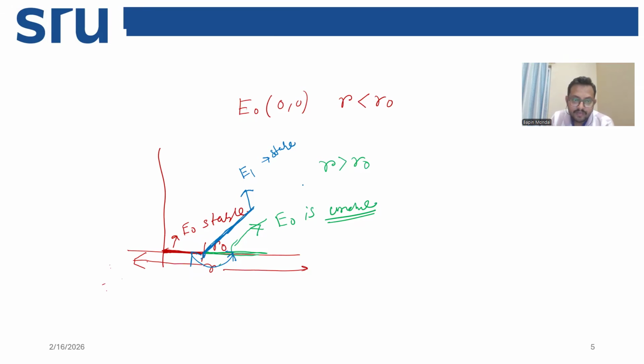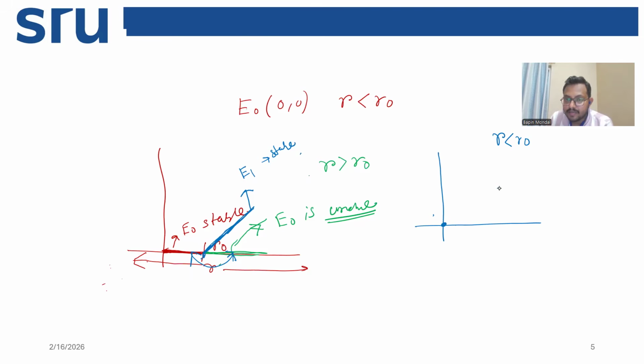Now we plot the phase portrait in these two regions. First, for R less than R0, E0 is stable.